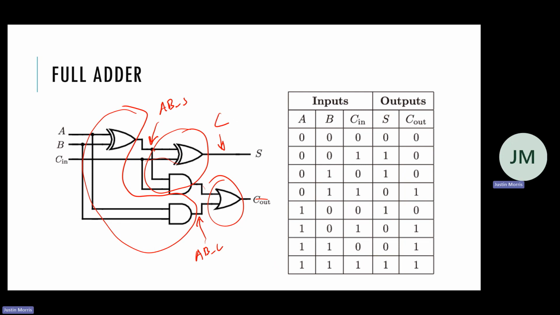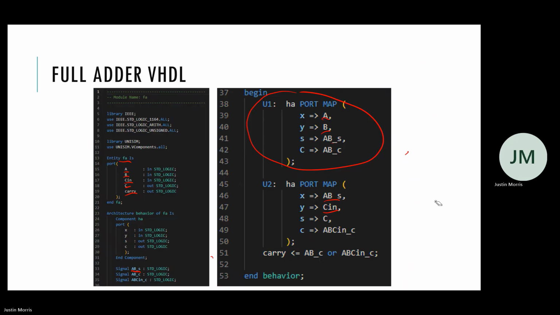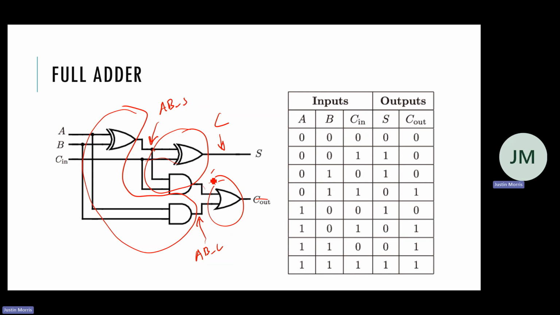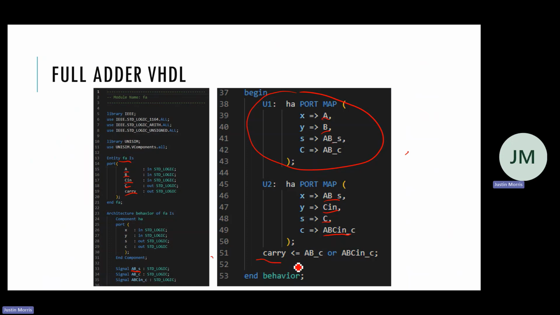So this is C. I should rename it to S, but it's C. And then we have another intermediate signal, ABC in underscore C. That is this wire here, ABC in underscore C. And then this is our OR gate for the carry.